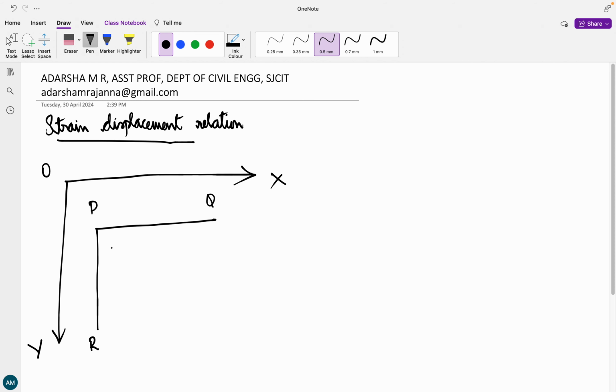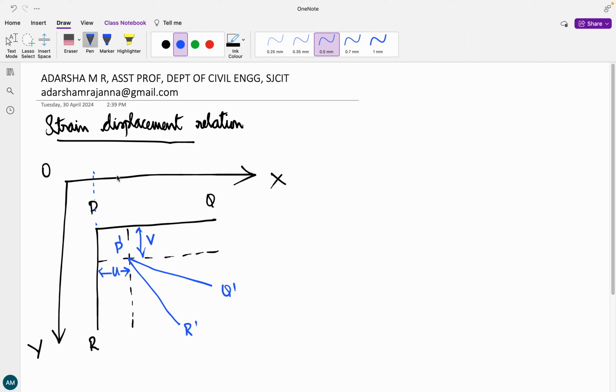These lines are going to be displaced, so that the new lines are P dash Q dash and P dash R dash. Let this be U, and this be V.